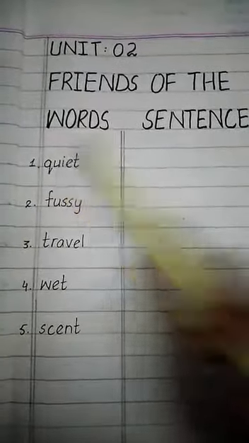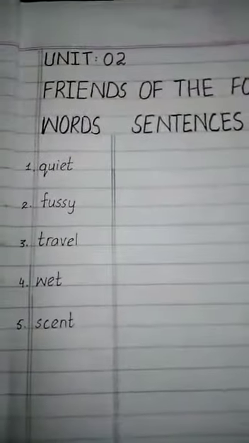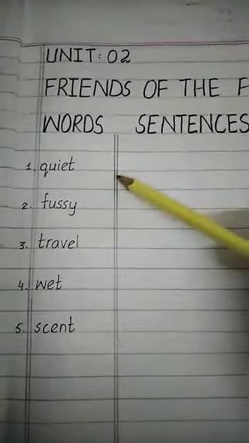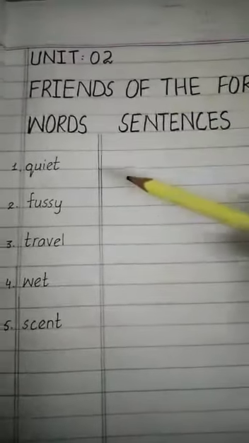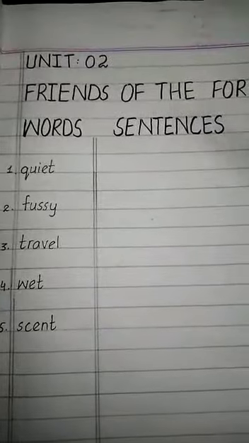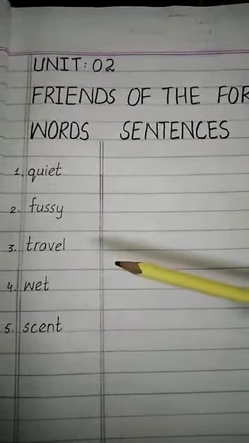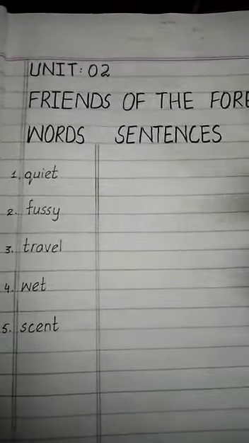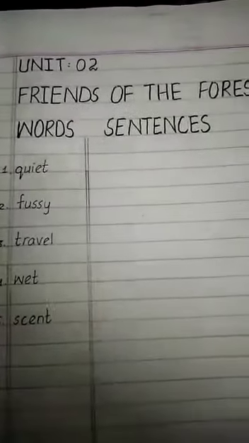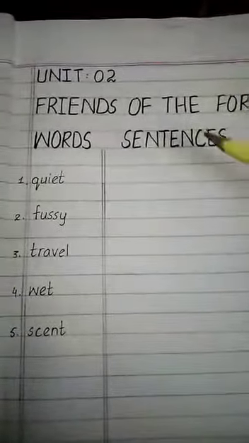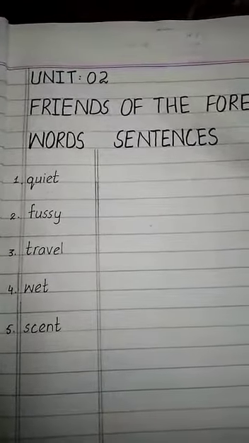Quiet, and the sentences can be of a different kind. For example, Ali seems quiet, or Ali became quiet, or she is a quiet girl. Or we can say everyone is quiet in the class. You might have heard this word a lot in a class, when the teacher told you to keep quiet.